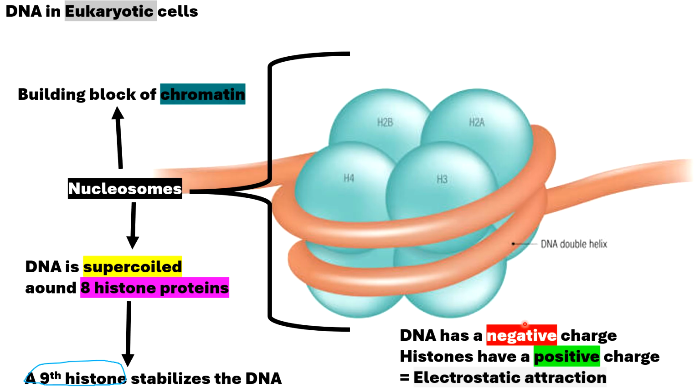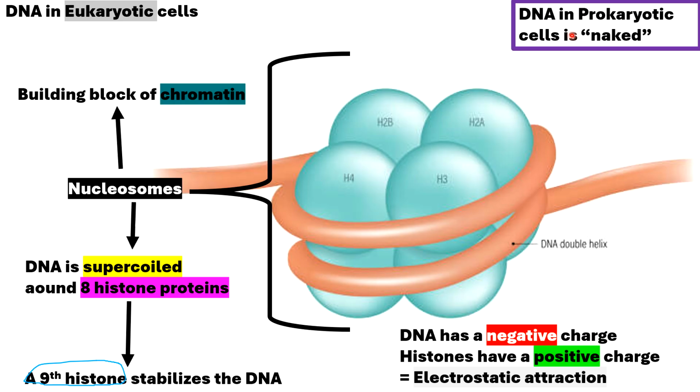So remember, DNA, very important, has a negative charge, while the histone proteins have a positive charge. And this leads to, if you do chemistry, electrostatic attraction, which is basically the attraction of negative to positive. And now, note that in prokaryotic cells, such as bacteria, the DNA is what we call naked in the cell.